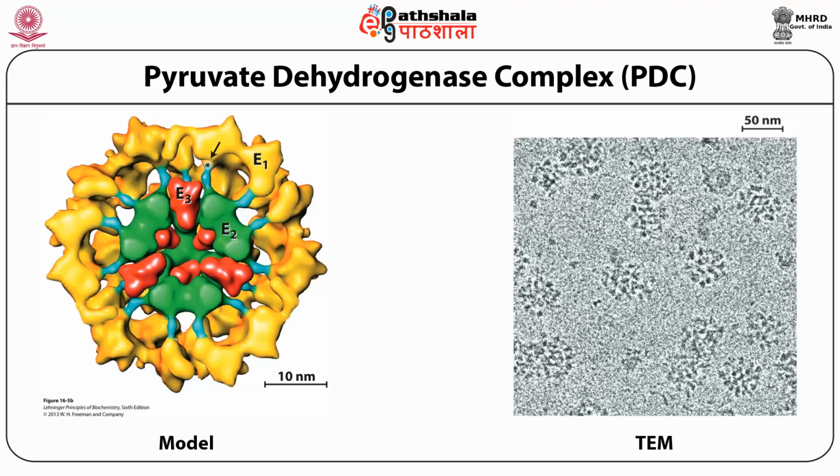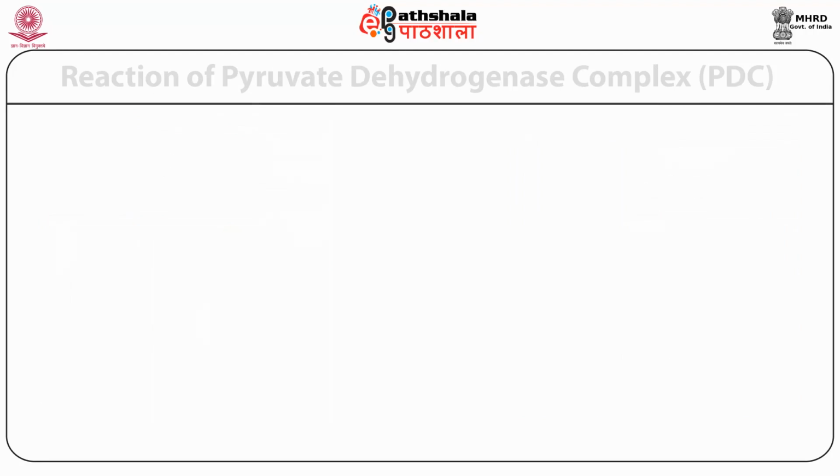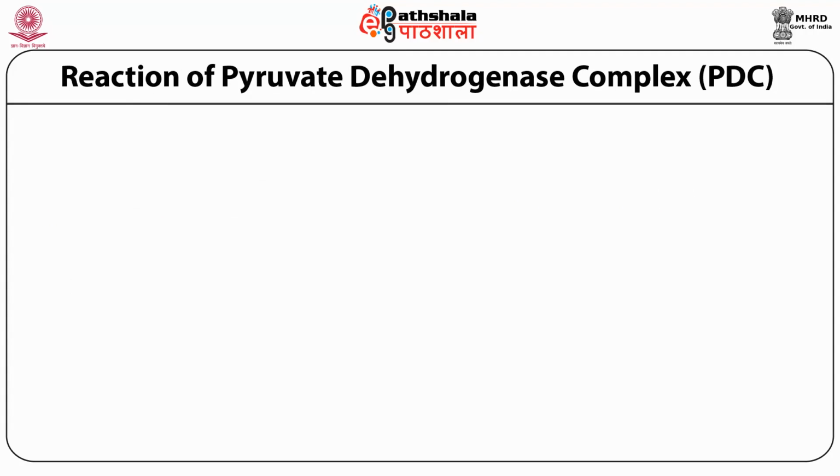The above figure shows a transmission electron micrograph of localization of the pyruvate dehydrogenase complex. You can see in the figure several parts of the enzymes indicated in different colors. Red shows the part of enzyme 1, green shows enzyme 2, and yellowish shows enzyme 3. Now, the reaction of the pyruvate dehydrogenase complex.